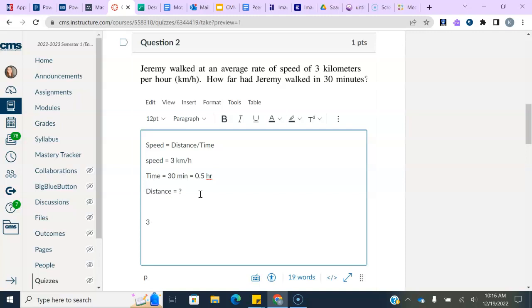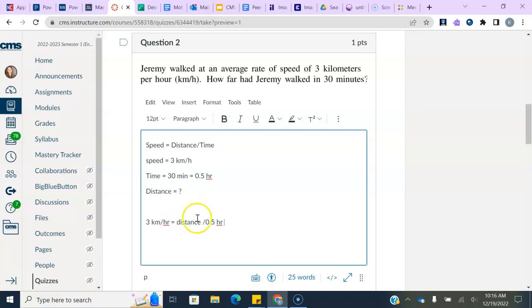We're going to plug this into our formula. So 3 kilometers an hour is equal to the distance over 0.5 hours. Now this is an algebra problem, so we're going to have to do some multiplication here.